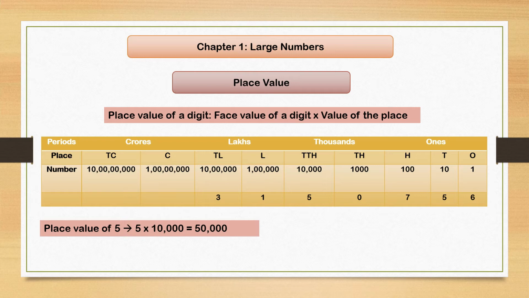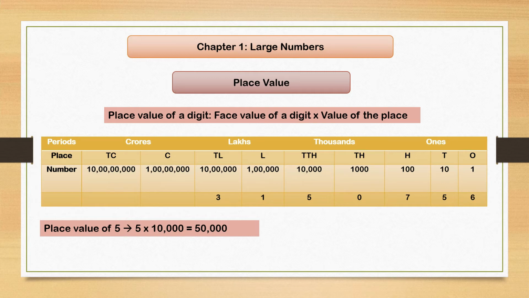About place value. What is the place value of a digit? The place value of a digit can be found out by multiplying the face value of a digit by the value of the place. Now, how do we find the value of the place? We can use the place value chart to find the value of the digit. Now, here we have a number that is 31,50,756.